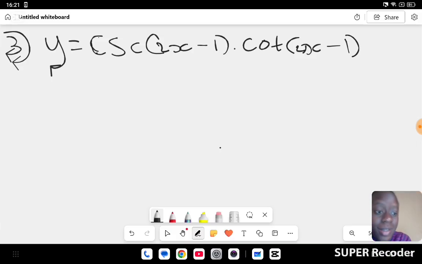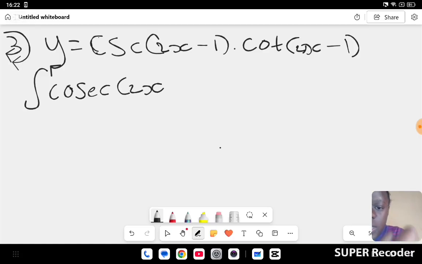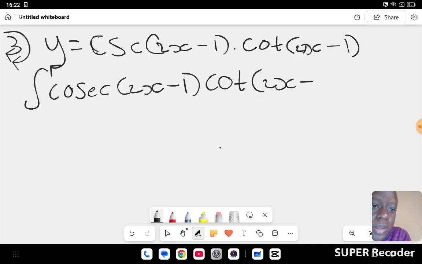So into integration, let's say integration of cosec 2x minus 1 cot 2x minus 1, like this.